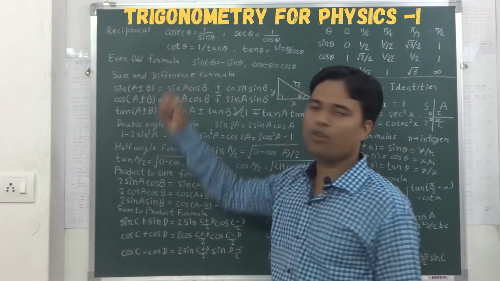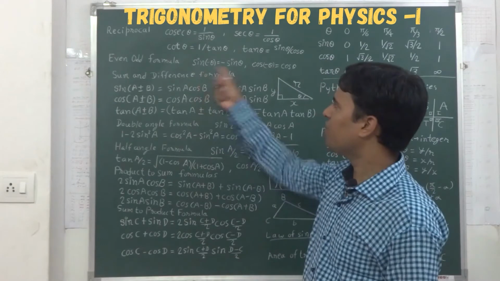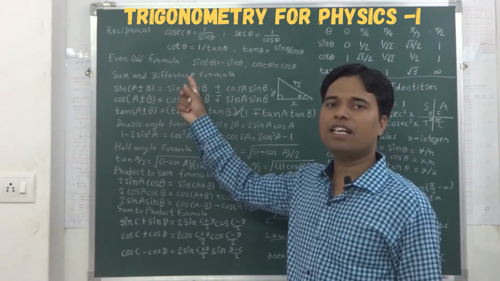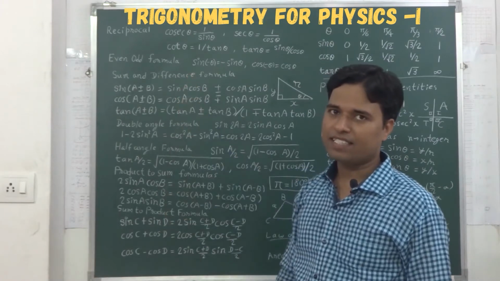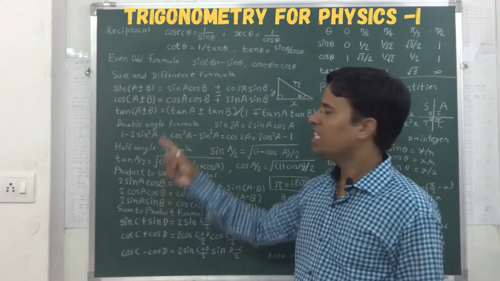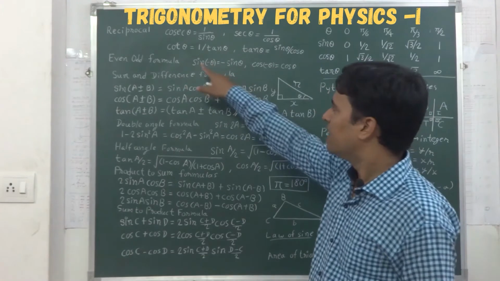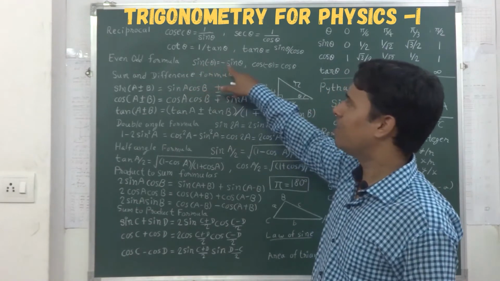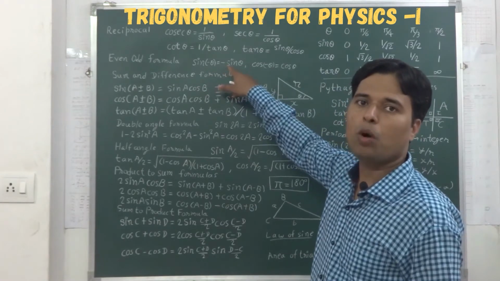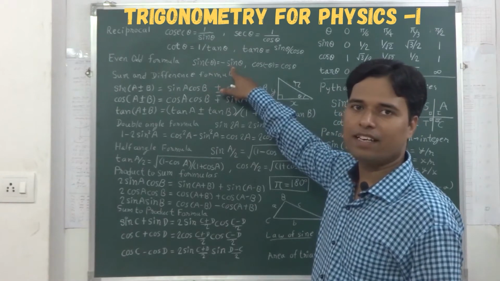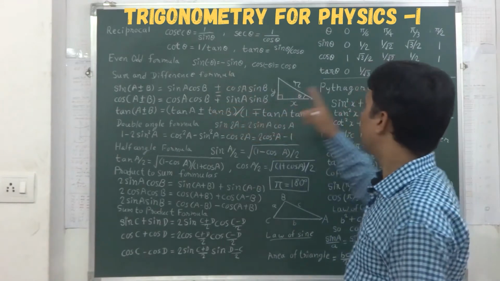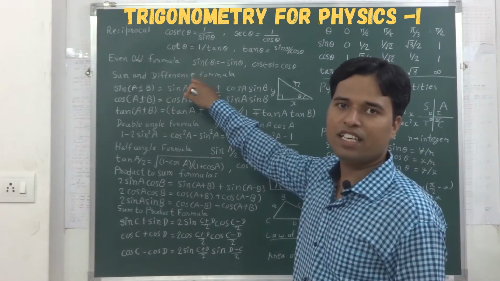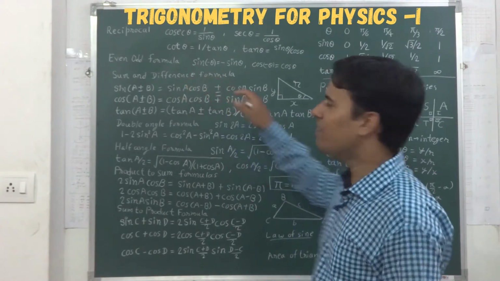Even and odd formulas. Here are even odd formulas that will be applicable in our following classes. Dear students, if you use the sine with a negative angle, it will be converted into the negative of sine with the positive angle, because we don't know the value of the sine function with a negative angle.